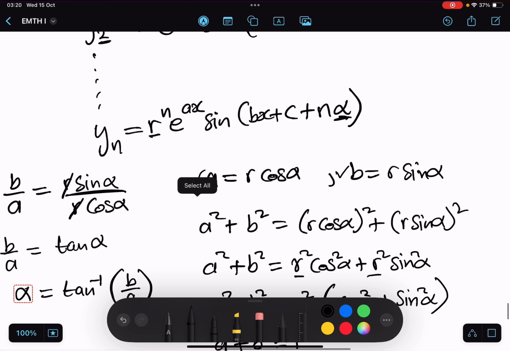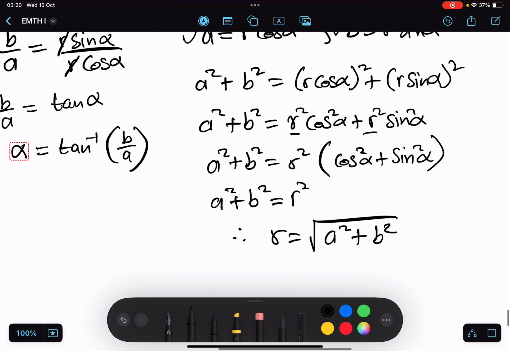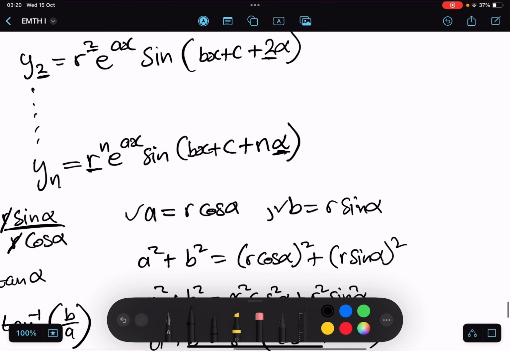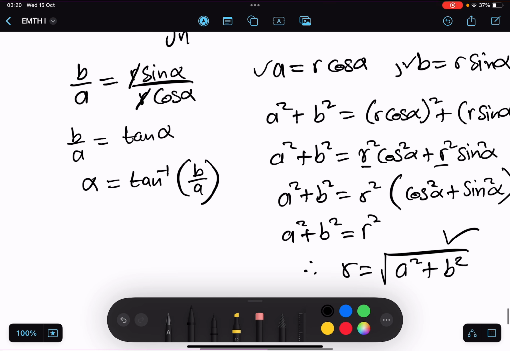So now from this nth derivative, where there is r, we substitute this, where there is alpha, we substitute this.